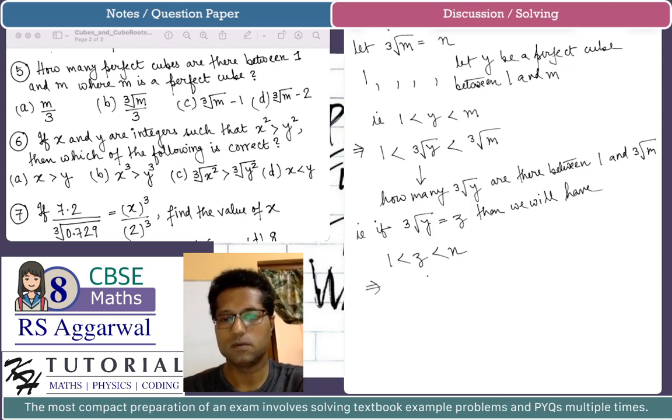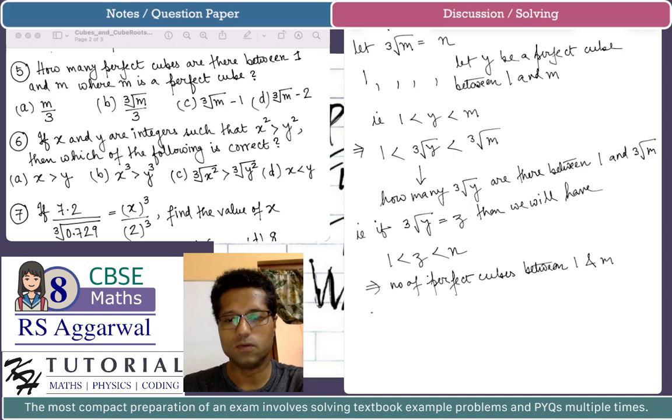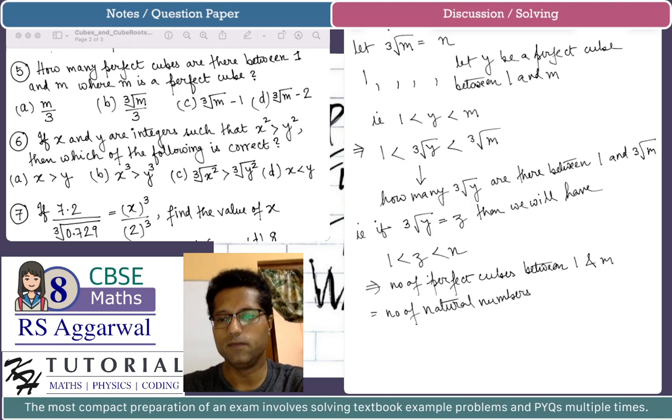This implies the number of perfect cubes between 1 and m is equal to the number of natural numbers between 1 and cube root of m.